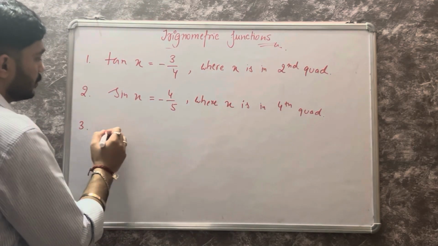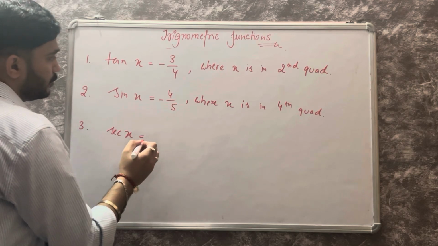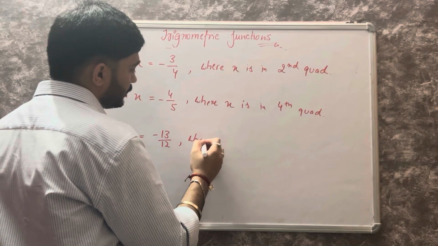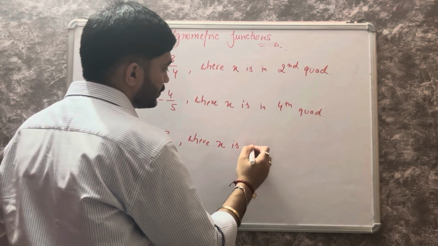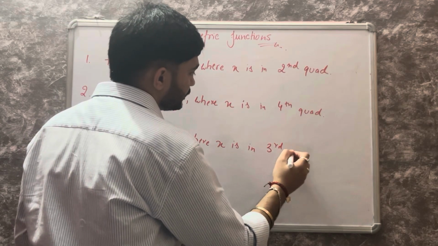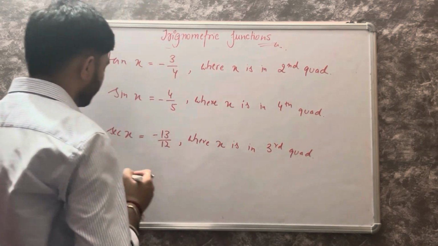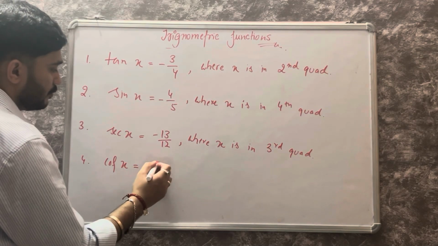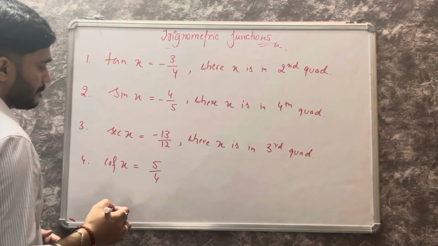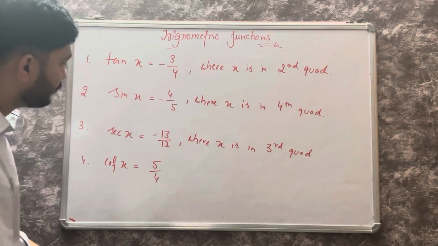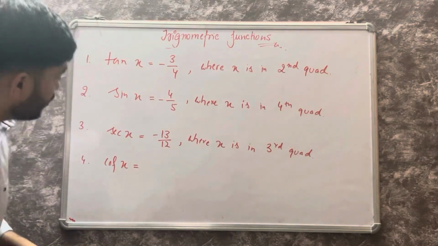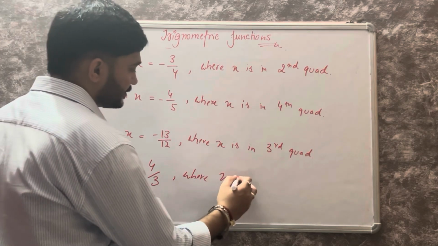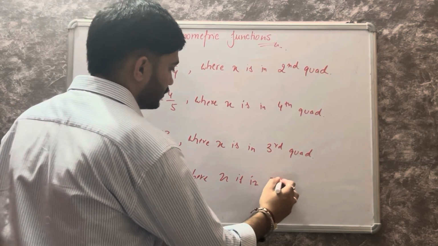Third: sec x is equal to minus 13 by 12, where x is in the third quadrant. Fourth: cot x is equal to 4 upon 3 positive, where x is in the third quadrant.